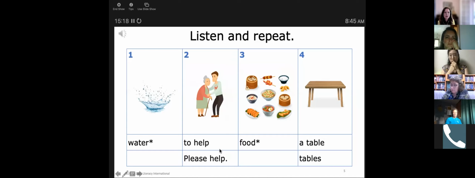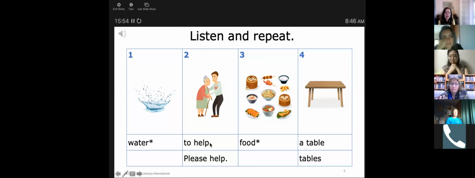So when we introduce the verbs, we always introduce them in the infinitive form, to help. And then we usually show it in a sentence, one of the ways it might be used. But because English verbs have so many different forms, it could be help, helps, helping, is helping, are helping, did help.